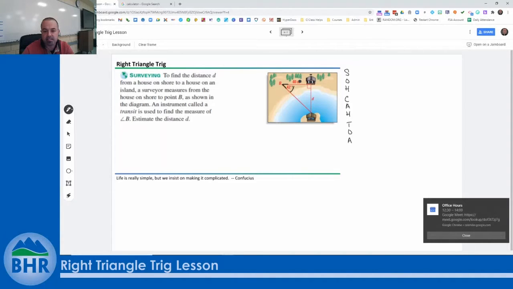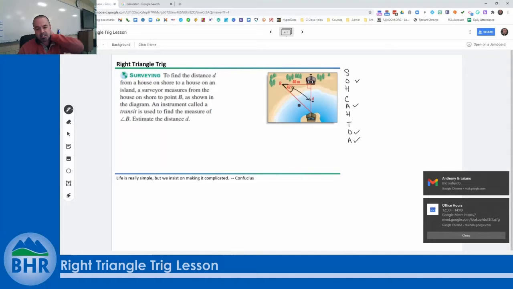I go down my list, I have an adjacent and an adjacent. I continue around my triangle, I get to D, and in order for me to get to D from that angle, I need to go across my triangle. So that means it's an opposite. And I get around to the hypotenuse, and there's nothing in the hypotenuse.